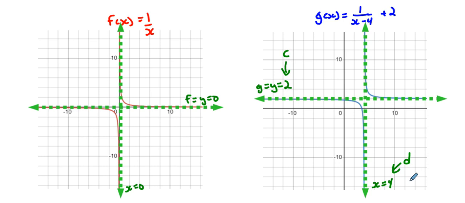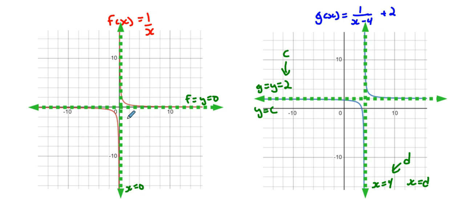So we could even say here that x equals d. And then it also shifts up. We've noted a vertical shift up 2, so we could even say that this is along the line y equals c. And so this will be a common trend on things that have asymptotes when we have translations.